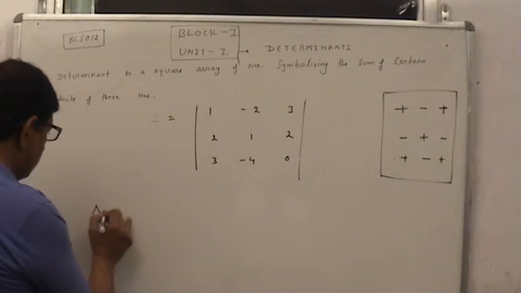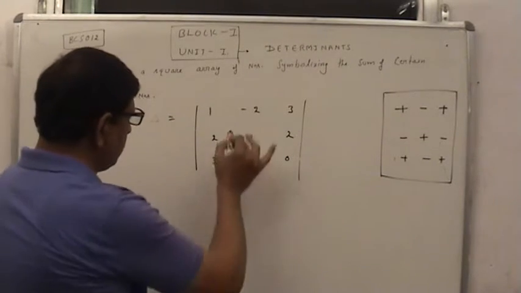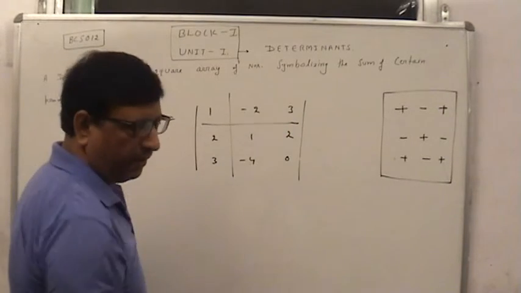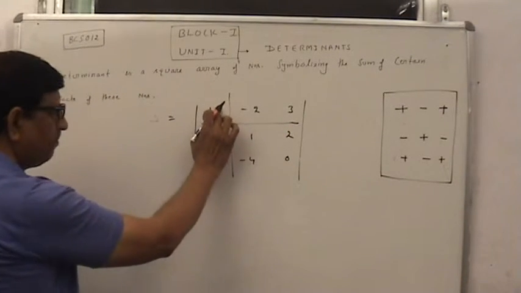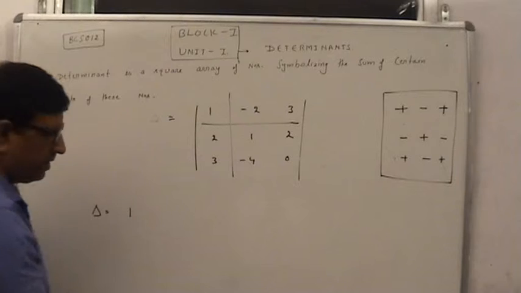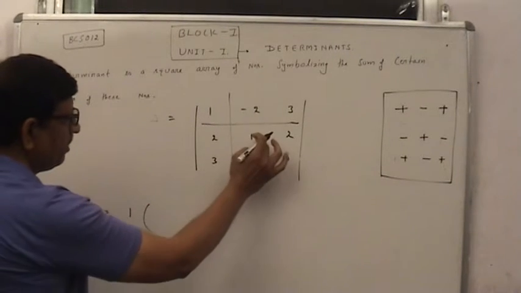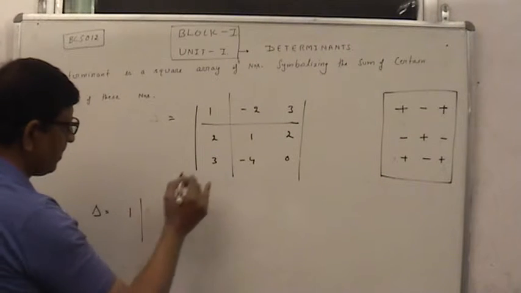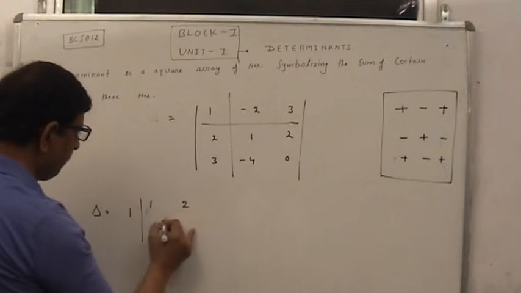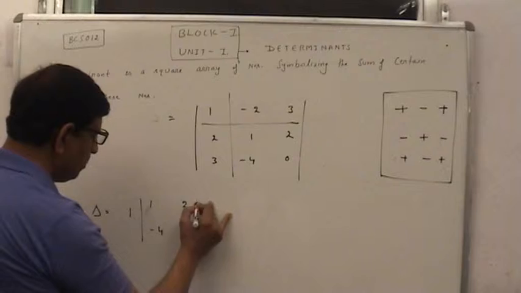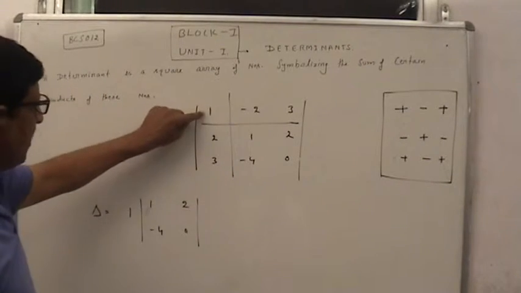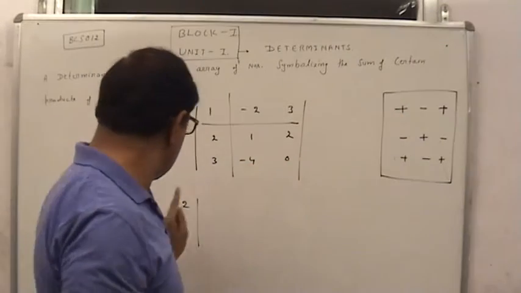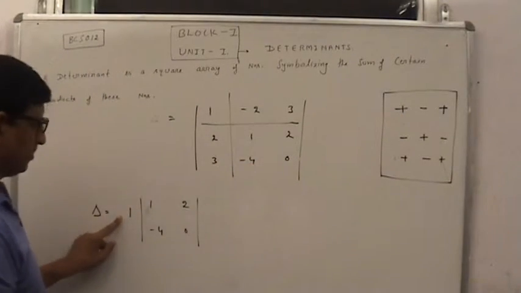We write delta is equal to, and we start by drawing a vertical line, then a horizontal line. This member we write outside the brackets, then the numbers which are trapped by these lines we write separately: minus 4 and 0. Its sign is plus, here the sign is plus, plus into plus, we write the sign plus.